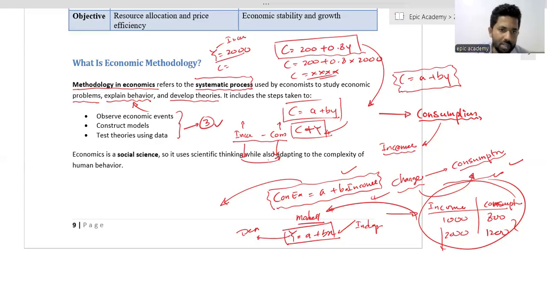Economics is a social science. We already discussed that it is not a natural science. So it uses scientific thinking while also adapting to the complexity of human behavior.